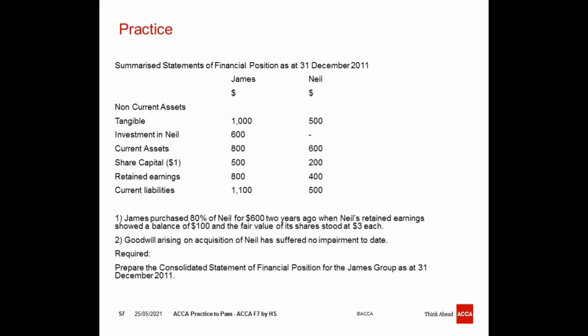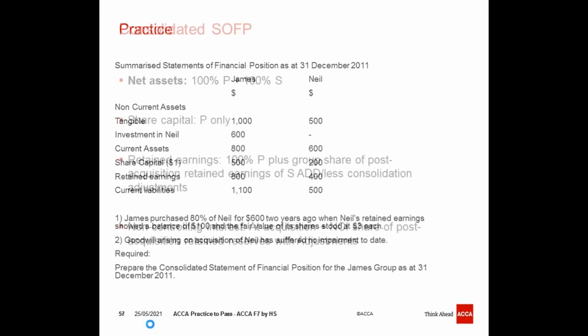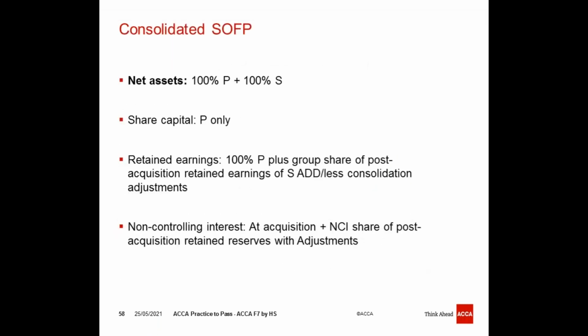Now here is a question for you guys that you need to attempt. That's your home assignment. Now, net assets and liabilities means all assets and liabilities should be consolidated 100%. No proportionate consolidation is allowed in the balance sheet or P&L. Share capital and share premium will only be reported for the parent company.